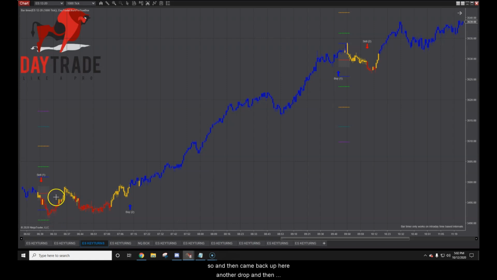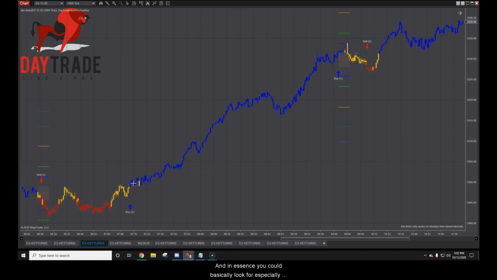And then came back up here, another drop, and then this broke. So what you could be doing is above 92, we know that Key Turns above 92 on the S&P here, we're looking for buys. So you could use Key Turns and the box, and you could favor the opportunities like this where you get a buy signal above Key Turns.